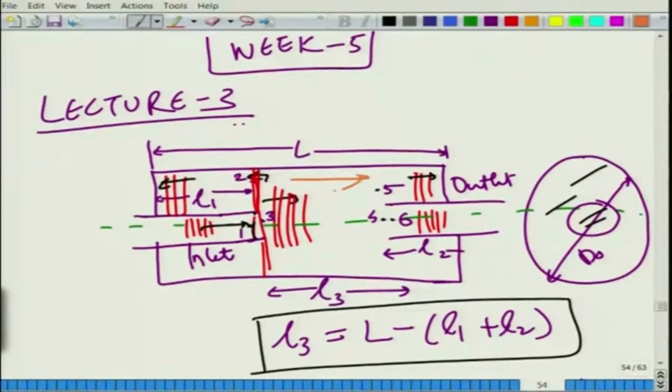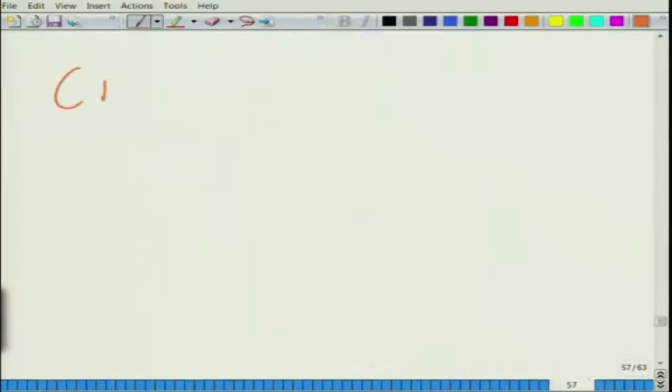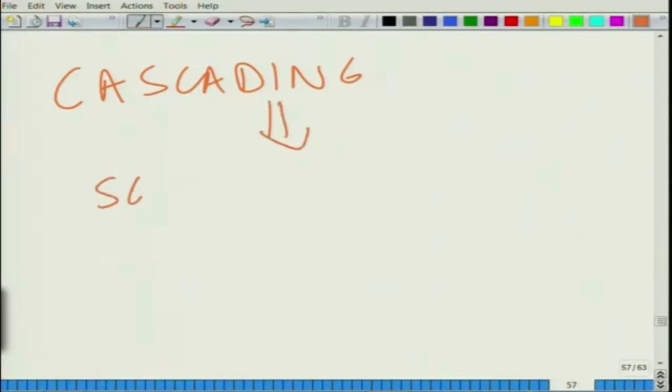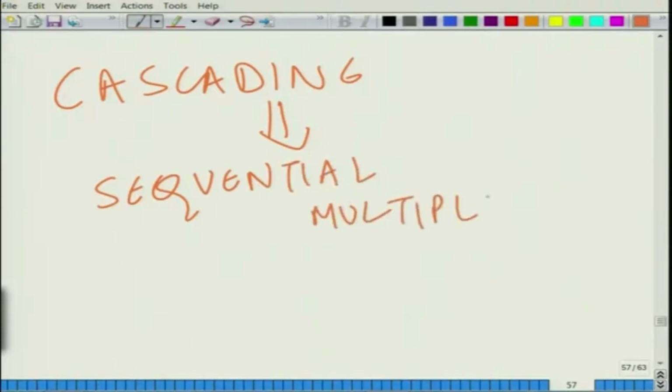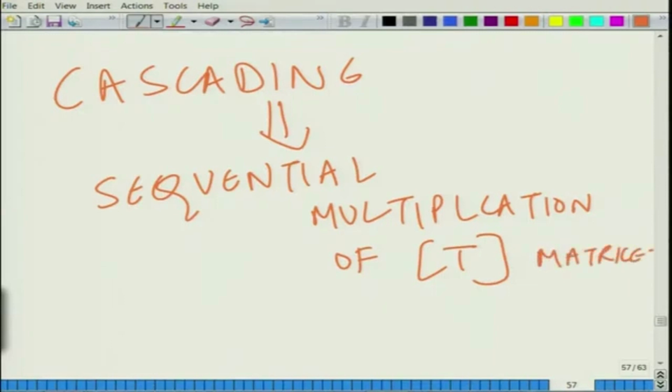So, what do we do now? We do cascading, or sequential multiplication of T matrices, or transfer matrices. Let us do that.